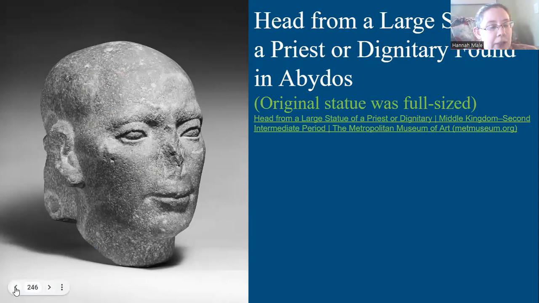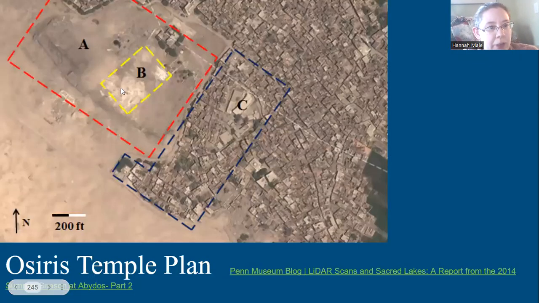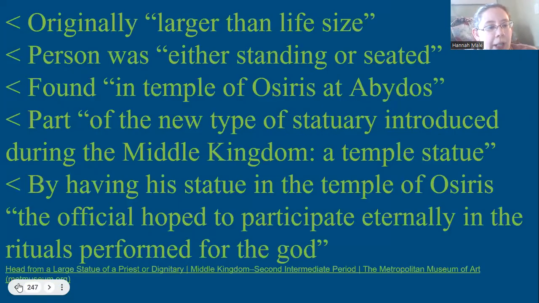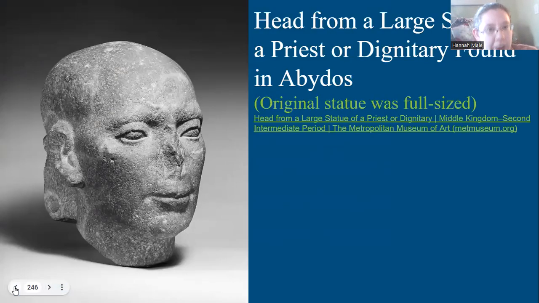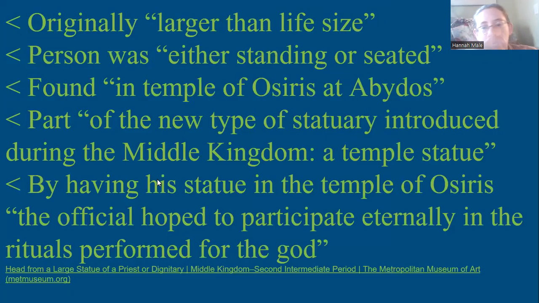So this object was once somewhere in this general area in full body form, and it's either a king or a dignitary. This is from its collection object page, which gives a little more information on the original context of this object.